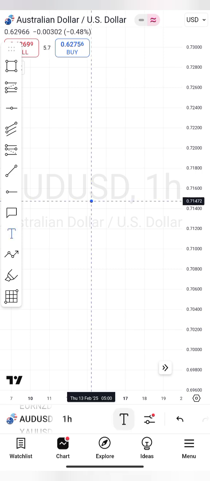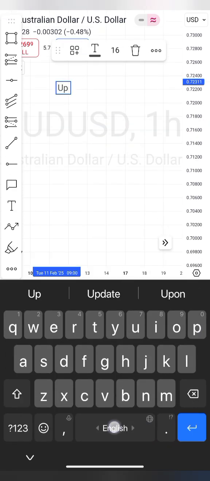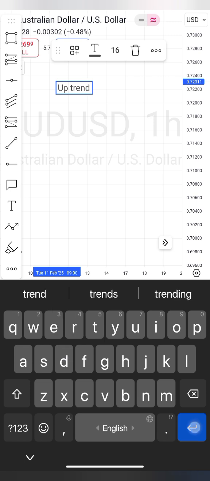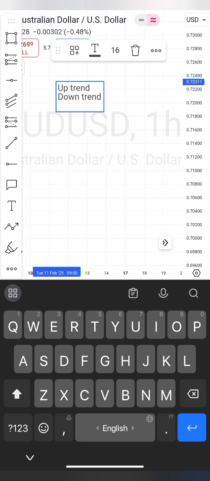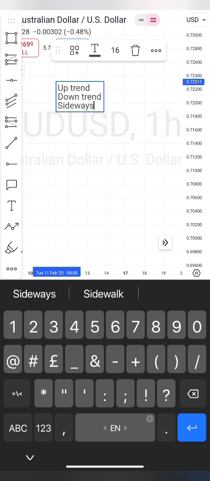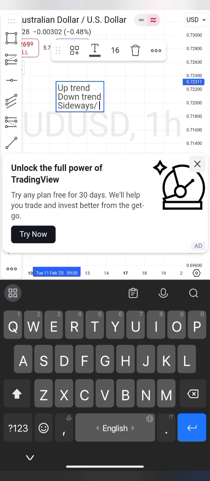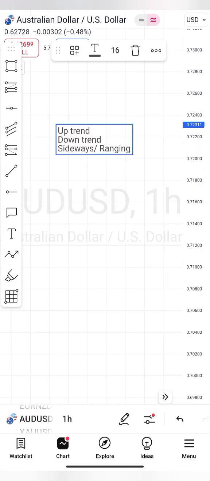There is the uptrend, there is the downtrend, and the third one is the sideways trend, or ranging trend. These are the three types of trend.